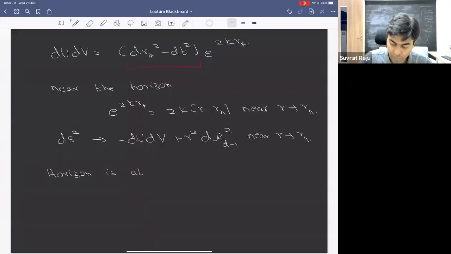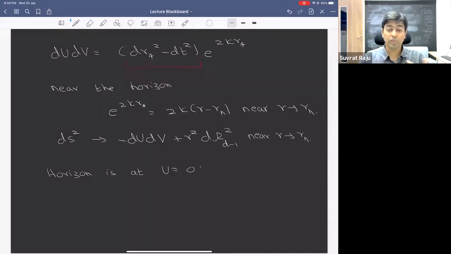Okay, so the horizon is at u equal to 0, because that's the part where r star goes to minus infinity.